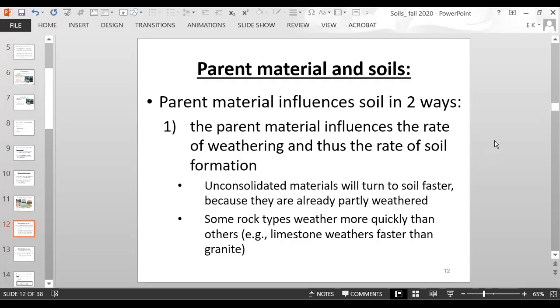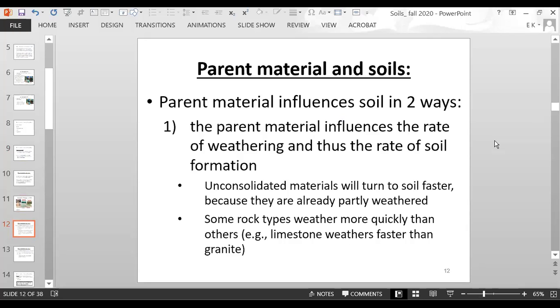Parent material influences soil in two ways. The parent material influences the rate of weathering and thus the rate of soil formation. Unconsolidated materials will turn to soil faster because they are already partly weathered. They're already broken down into smaller pieces.